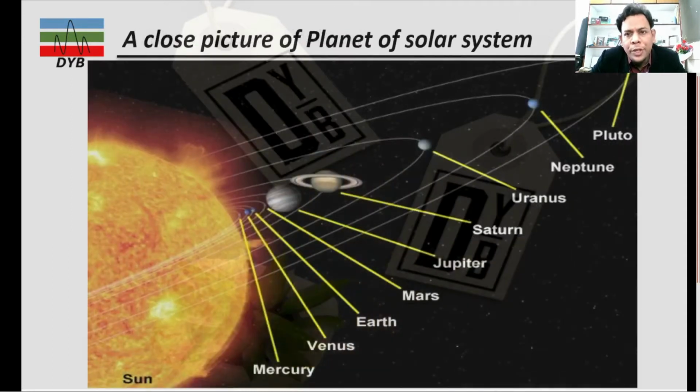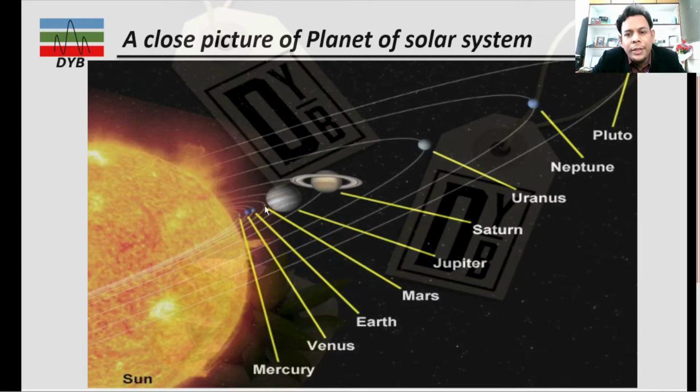This is a close picture of the solar system. This is the star, which in the case of our solar system is the Sun, shown in blue color. The nearest planet, the first planet from the Sun, is Mercury. Then the second one is Venus. Then the third one is Earth.